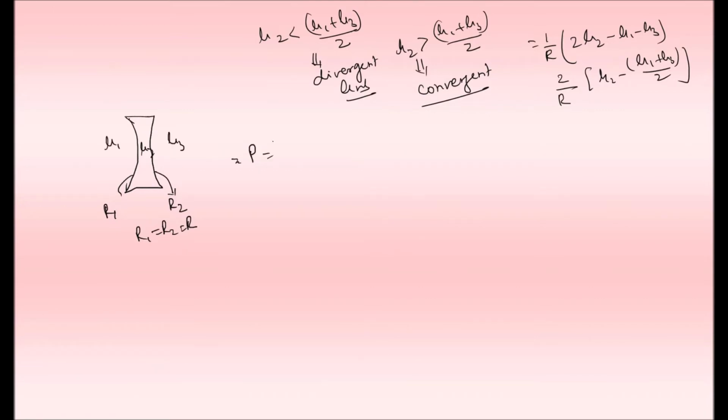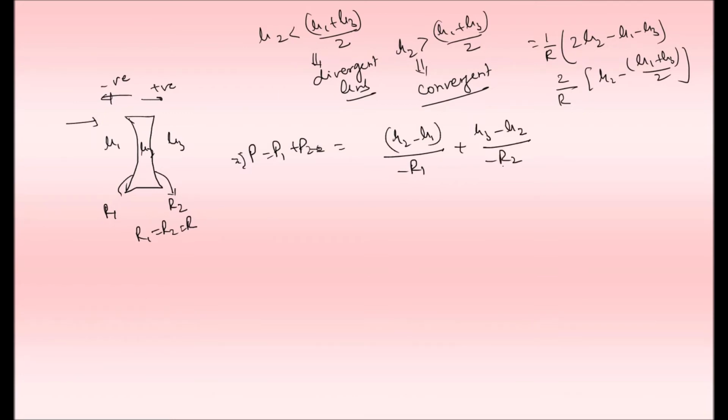Then power P is equal to P1 plus P2, and P1 is equal to (mu2 minus mu1) divided by, that is the difference of refractive index at both surfaces divided by r1, and you have to consider the sign convention also. So considering the light ray is moving in this way, the direction of the incident light ray is taken to be positive, and this is negative. So (mu2 minus mu1) divided by minus r1 plus (mu3 minus mu2) divided by minus r2.